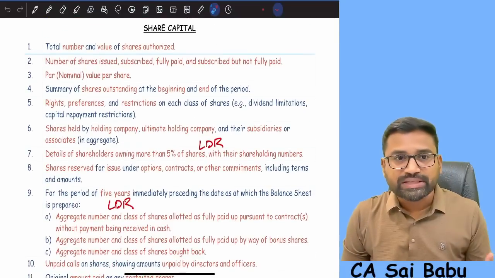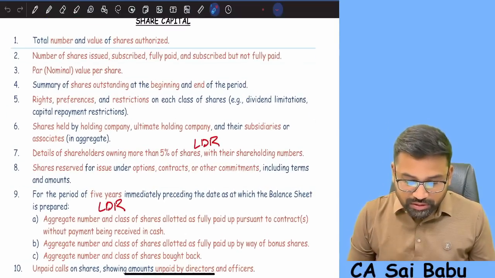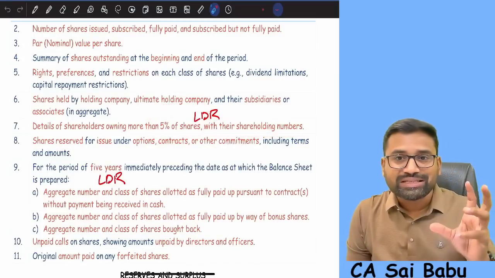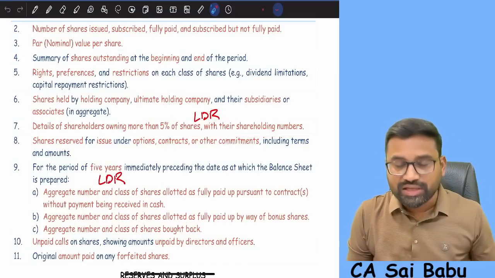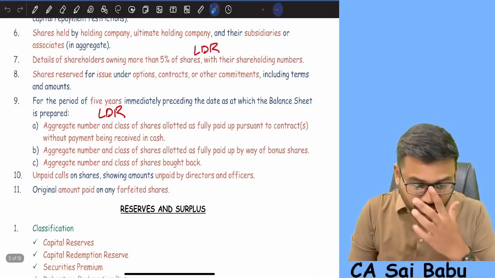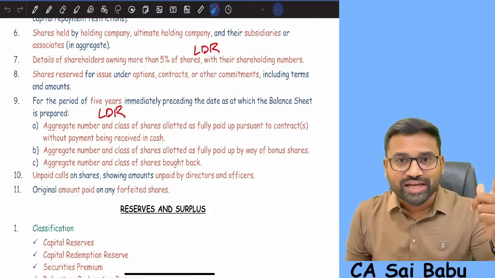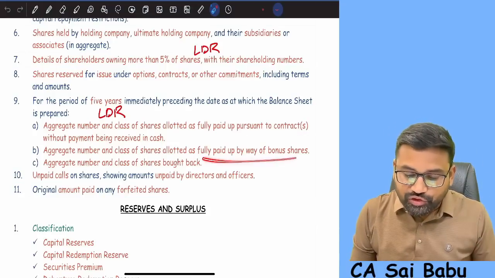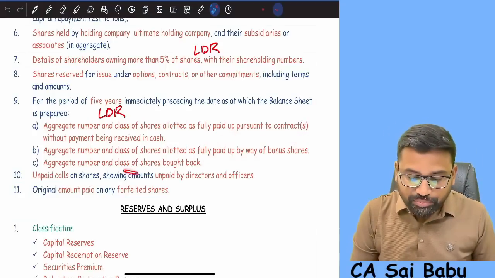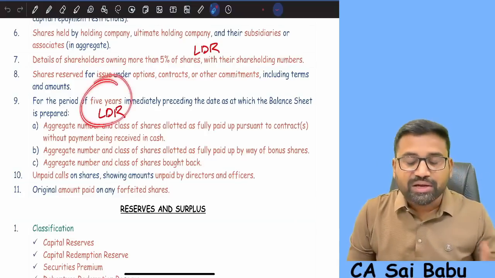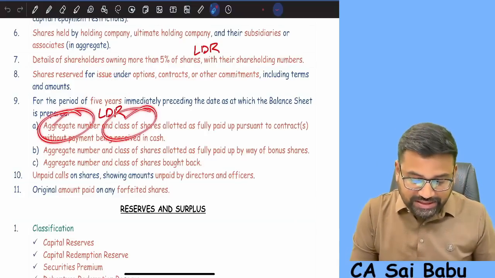Whenever you are presenting share capital, remember, if any shareholder is holding more than 5% shares, we need to mention how many shares he is holding and his name. And most important, if any company has issued shares for consideration other than cash, or issued fully paid-up bonus shares, or bought back any shares, if any one of these things happens, for a period of 5 years the company needs to disclose the aggregate number and class of shares.